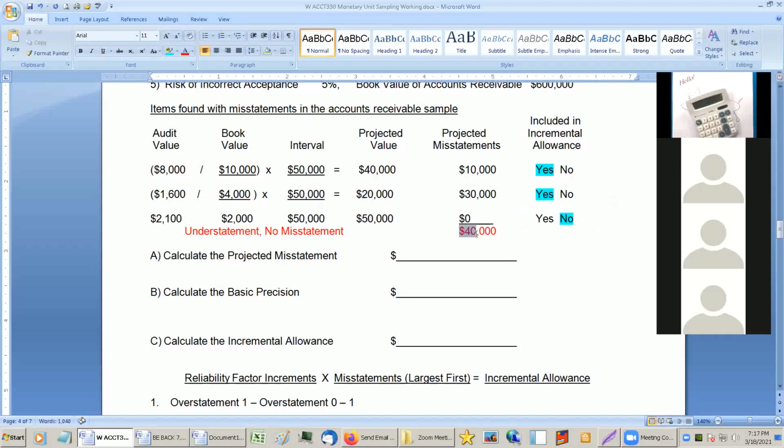This will be our projected misstatement, and this is our best estimate of what is misstated.